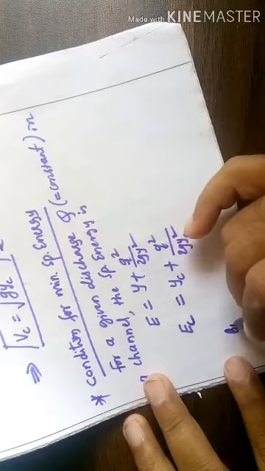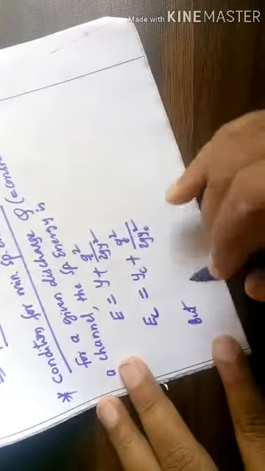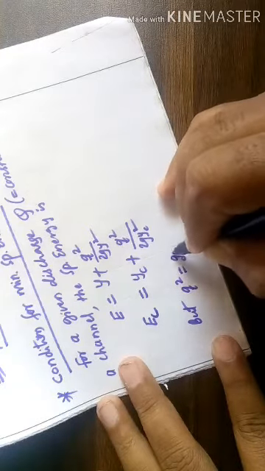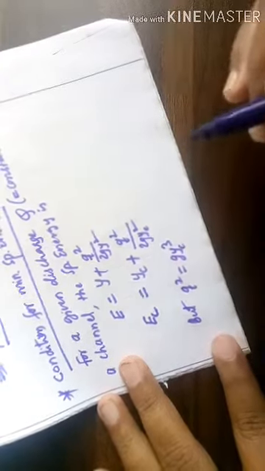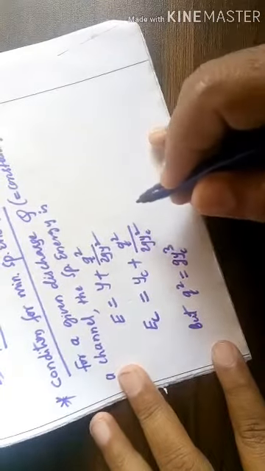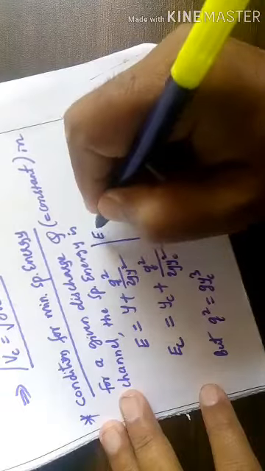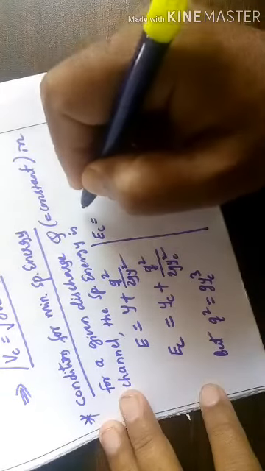But we have q square equal to g yc cube.